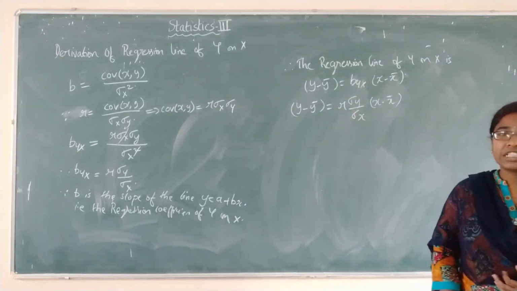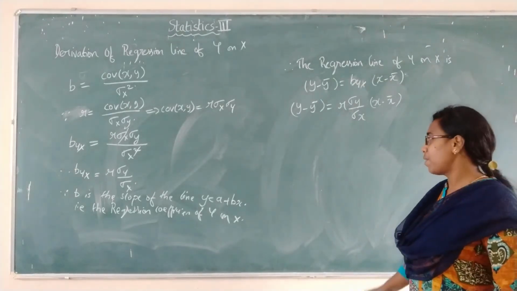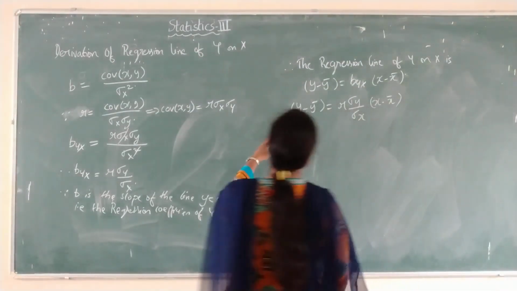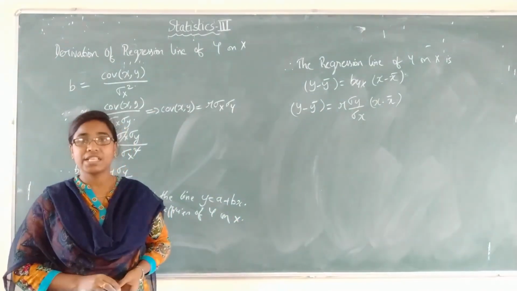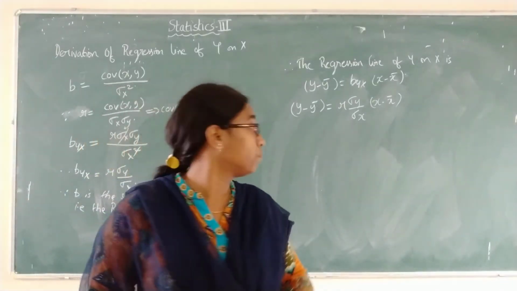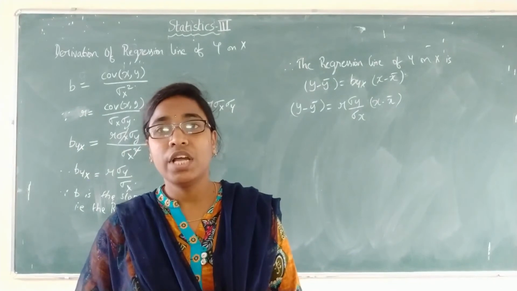And this regression line passes through x bar comma y bar. So this is the required regression line. This is the important topic, that is, the derivation of the regression line.